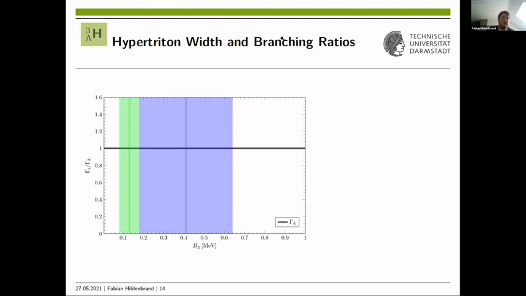And now we calculated all of those widths, and the first one we calculated is the width for the ND channel without final state interactions. And you get some result, and if you then include those final state interactions, this result already shifts dramatically.